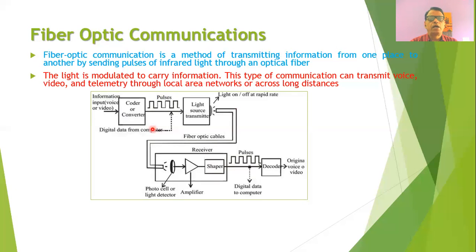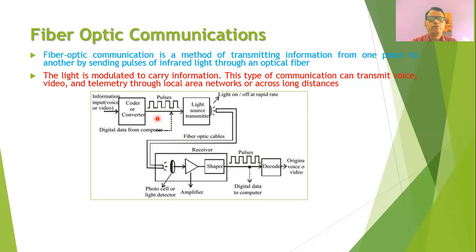So this is the block diagram for the fiber optic communication system. The initial information, the voice or the video, is connected to the first block, which is called a coder or converter. The purpose of this block is to convert the input analog information into the form of square pulses, that is, into digital form.